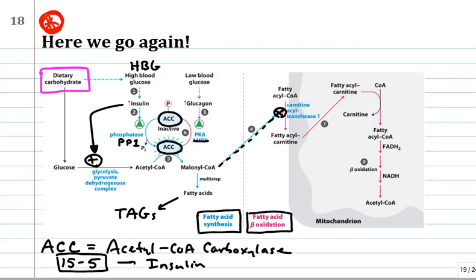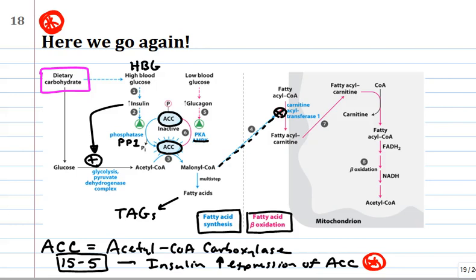Insulin activates transcription, increases the, just say it this way, insulin increases the expression of ACC. And we talked about table 15-5. So insulin does all this work through PP1. It also increases the expression of the enzyme ACC. And so all this works together to drive fat formation.